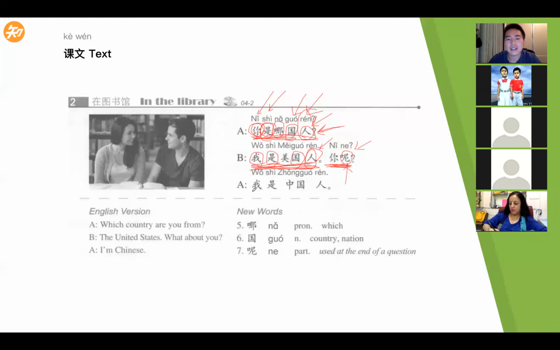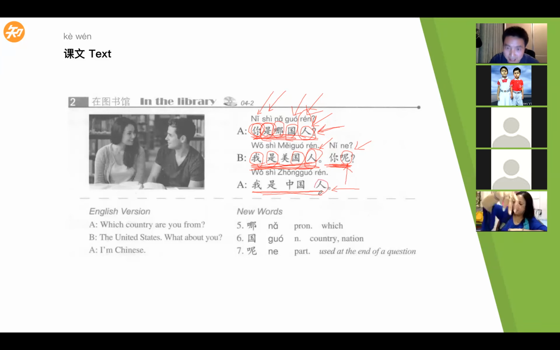Now then, Tanvir, the next one. 我是中国人. Yeah, in English it's I am Chinese.